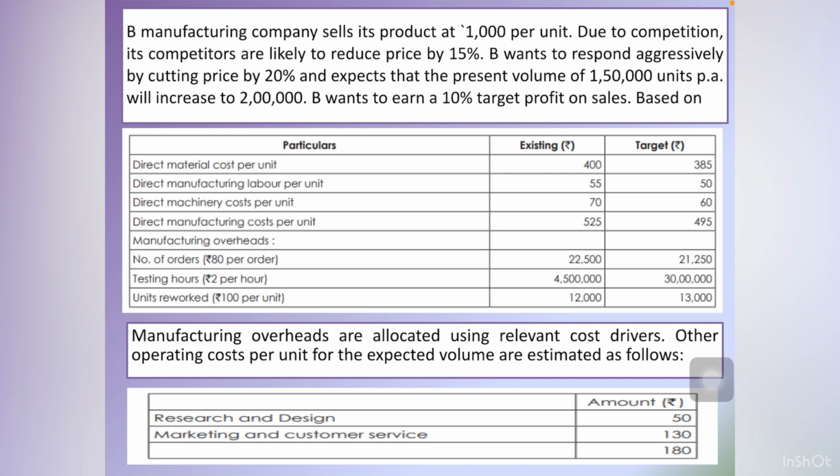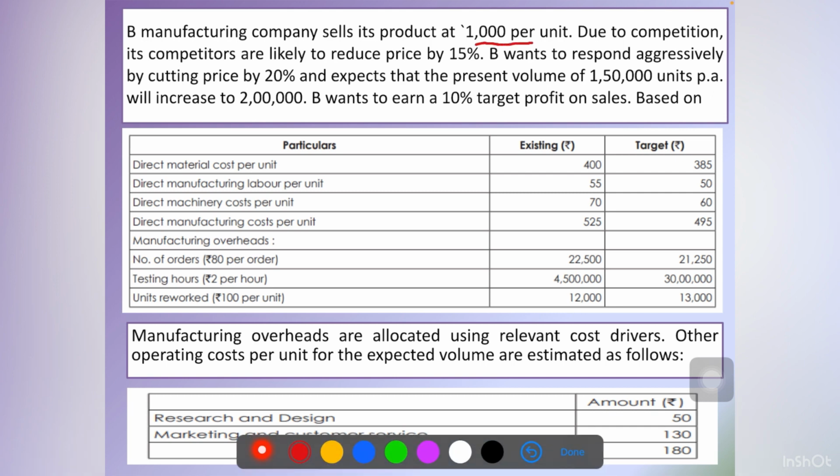I have taken a comprehensive illustration, and this suggests that there's a company and it is selling its product at the rate of 1000 per unit. The selling price is 1000 per unit. Due to huge competition, one of its competitors reduces its price by 15%.